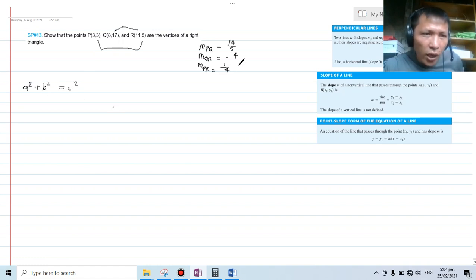Pag ma-prove ko ini, then it is a right triangle. Kaya hindi mo kasi di right triangle, dito equal. Ano mo A squared plus B squared.